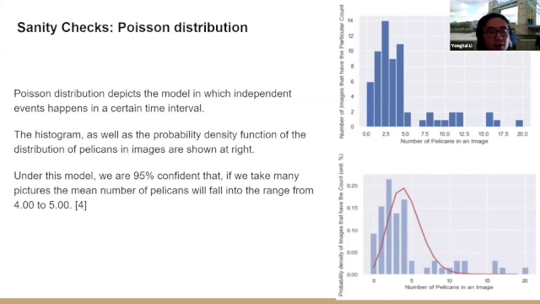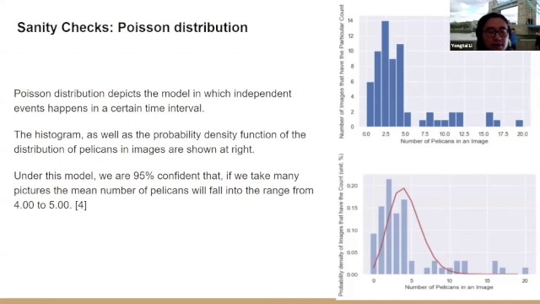We will run our sanity checks in two distribution models, Poisson distribution and chi-square distribution. Poisson distribution depicts the model in which independent events happen in a certain time interval. We believe that the appearance of one pelican is independent of the appearance of another one. Therefore, we use the Poisson distribution model to model the distribution of pelicans within the images we used.